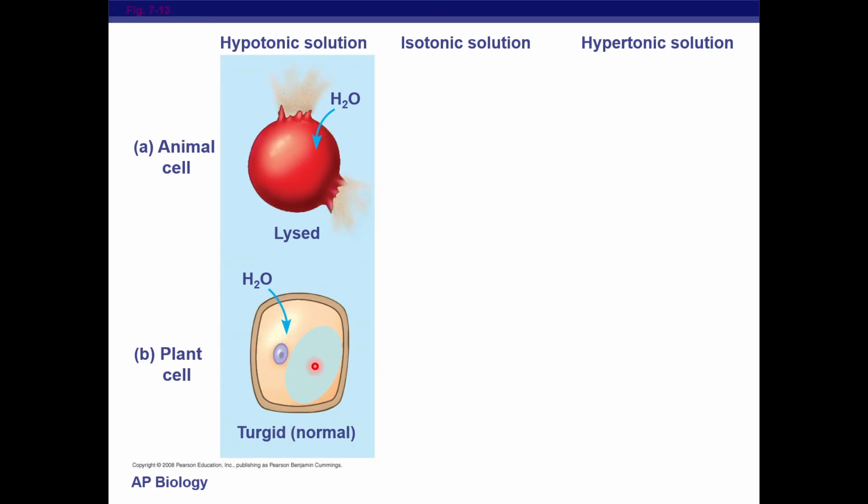Same thing for a plant cell. I put a plant cell into pure water. The solution that I put the cell in is hypotonic. The cell is hypertonic, and water is still going to move into the cell. Plant cells actually like that because while the animal cell will lyse or burst, the plant cell has a cell wall.